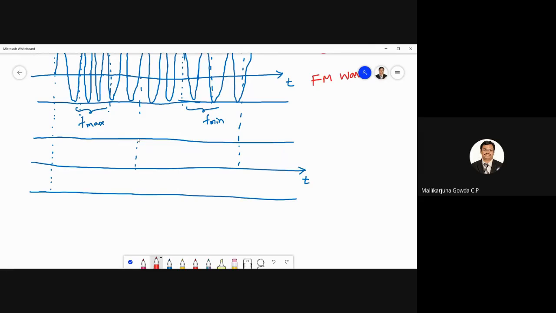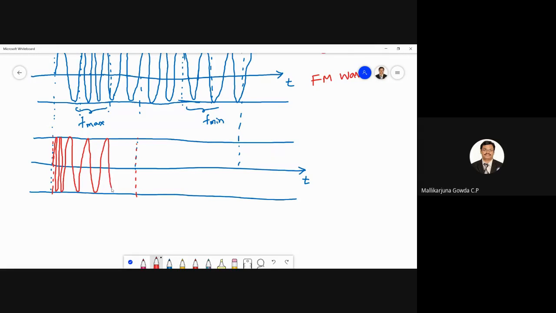So this point is important for me because it is zero crossing, right? And this is also. So I need to show more number of cycles at this point. Then it will be as good as the unmodulated carrier frequency, right?